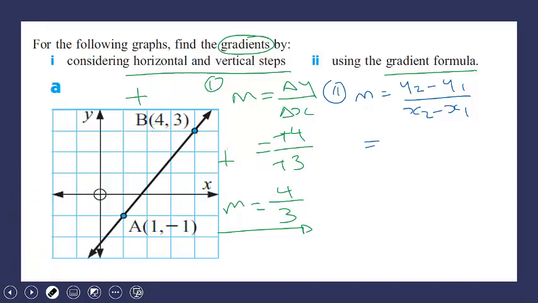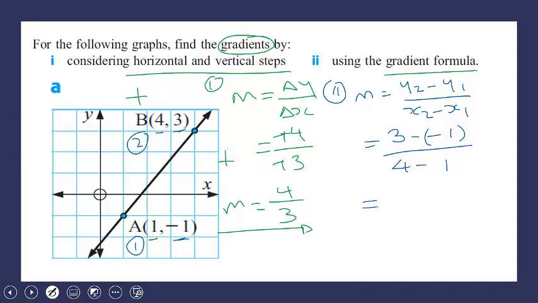You need to decide which one is going to be point 1 and which one's going to be point 2. So let's go with the letters. Let's say this one is 1 and this one is 2. So y2 is going to be 3, minus y1, minus 1 in brackets, over x2, which is 4, minus x1, which is 1.